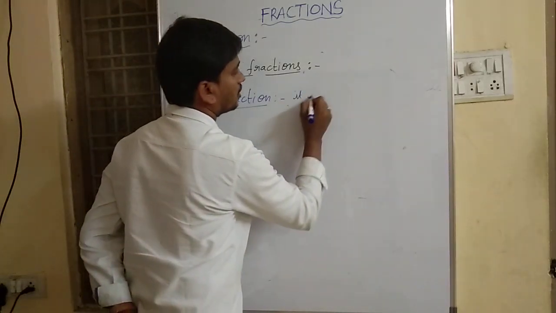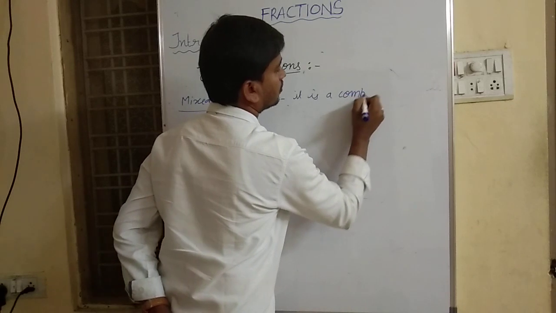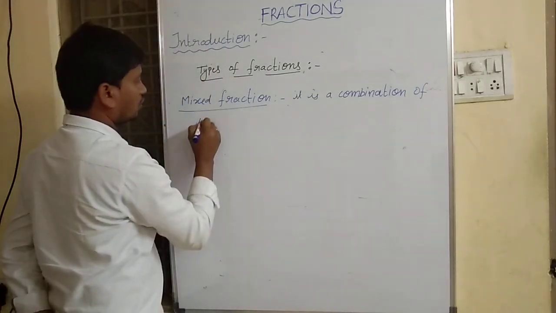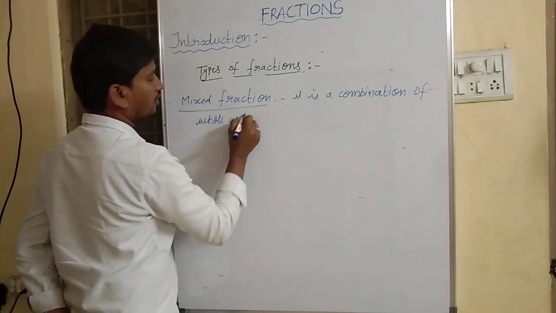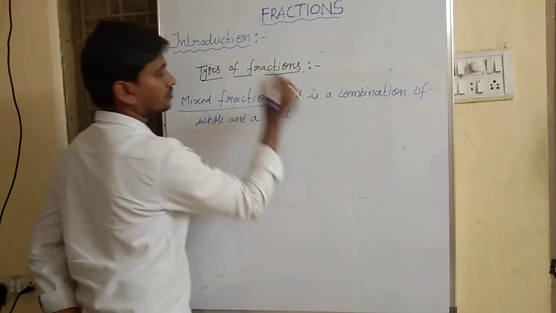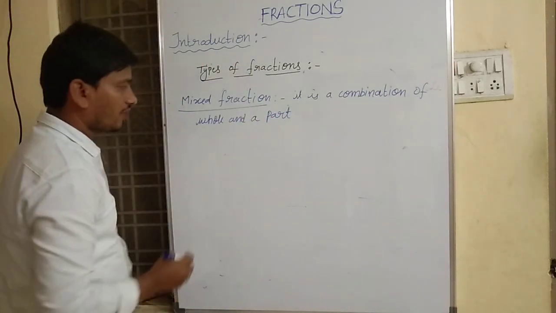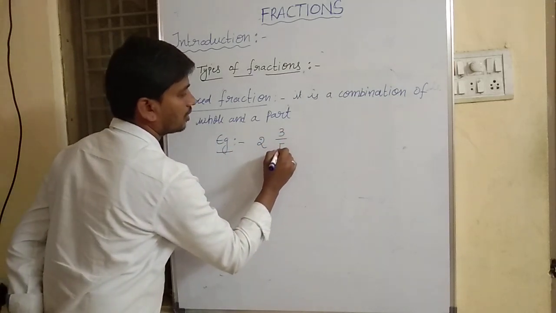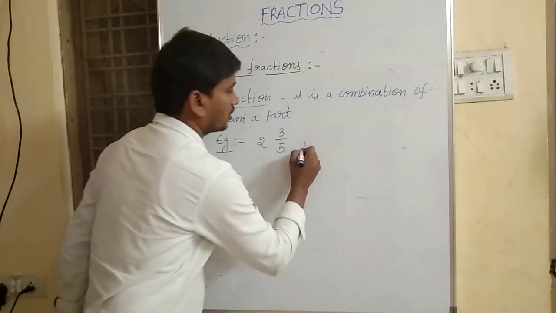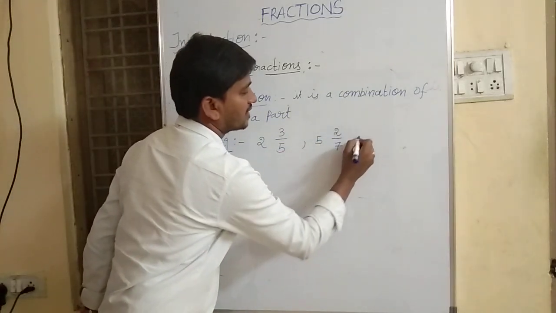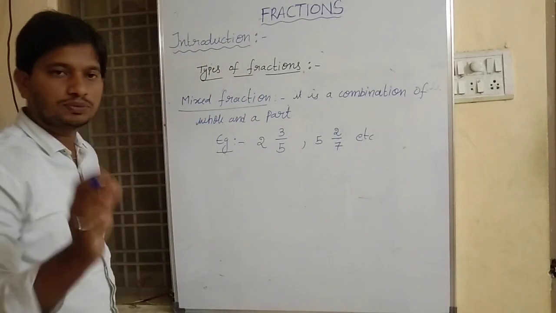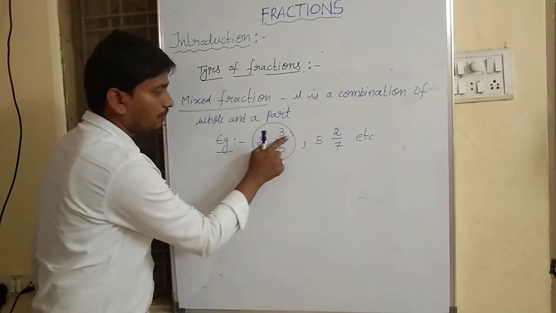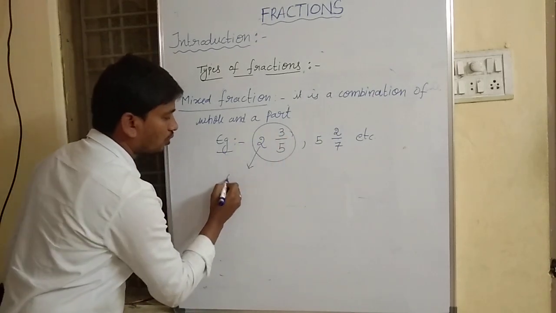It is a combination of a whole and a part. See, beta, for example 2 3 by 5 or 5 2 by 7, etc. If you observe here, in 2 3 by 5, this 2 is called the whole part.